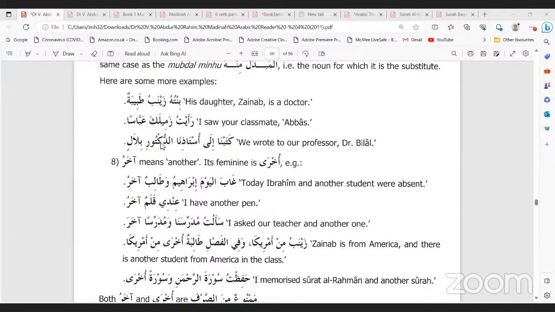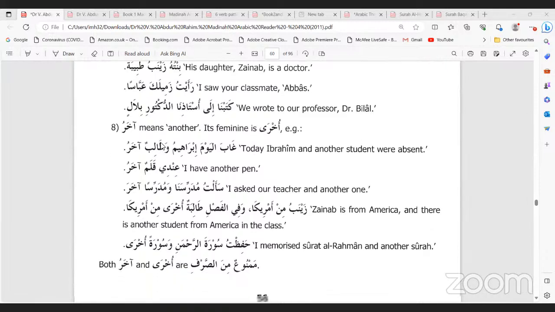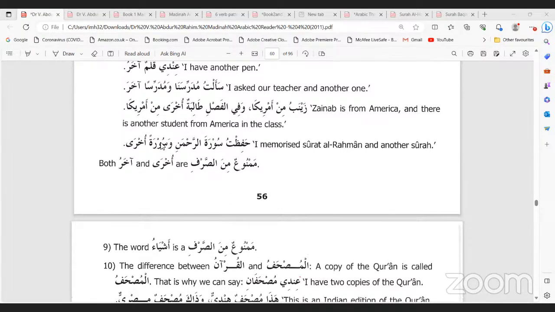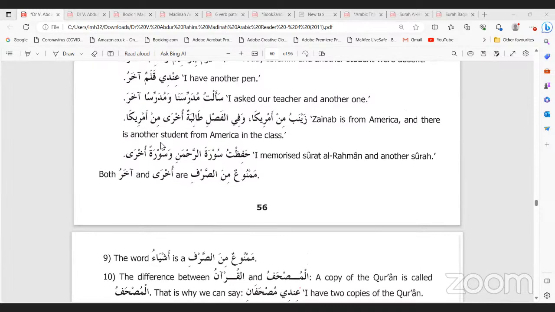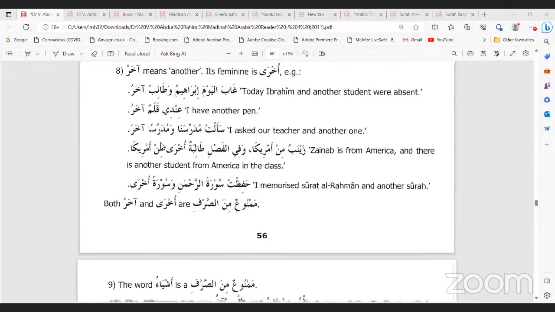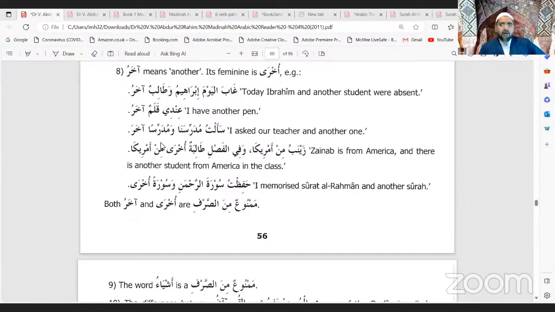Akharu means another. Its feminine is ukhra. Ghaba al-yawma Ibrahimu wa talibun akharu. Today, Ibrahim and another student were absent. Ghaba, yaghibu means to be absent.